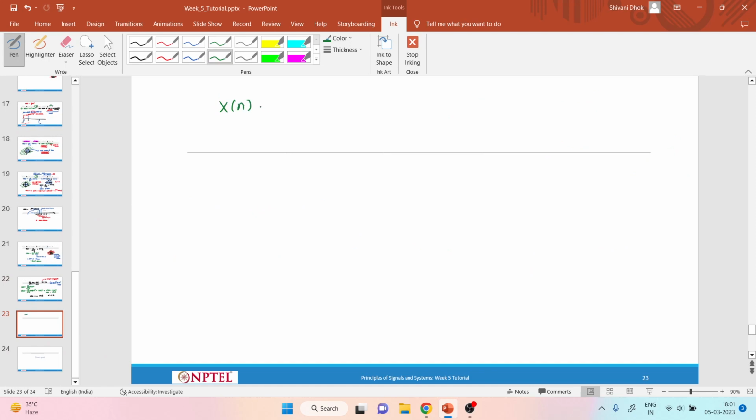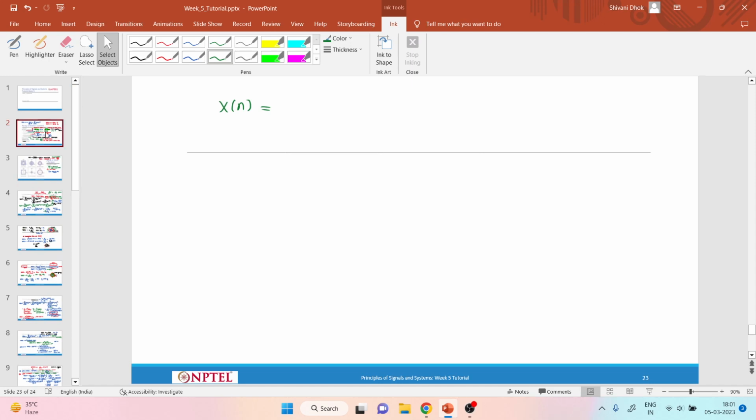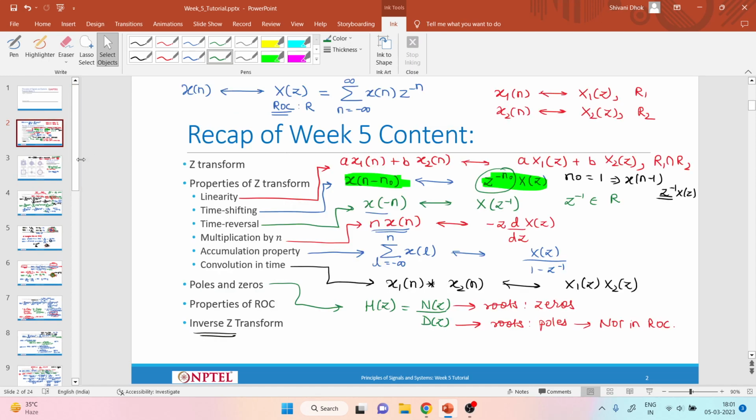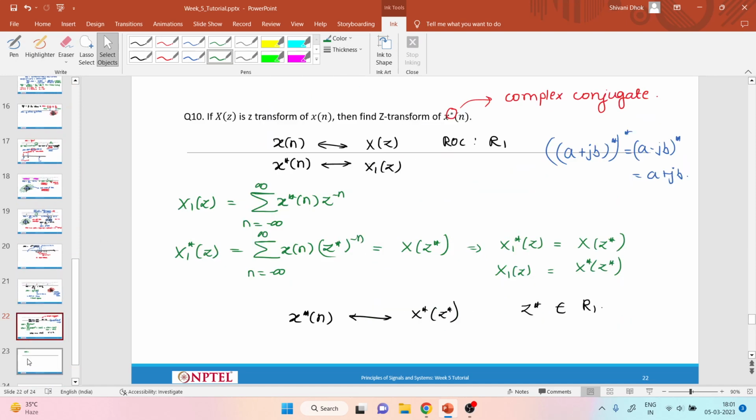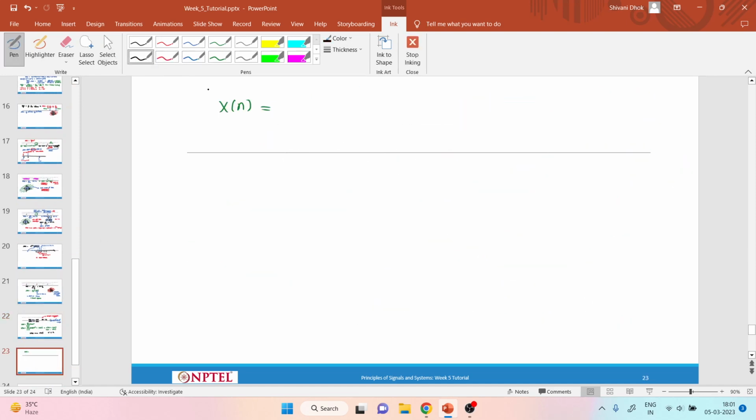So what you are saying is X of z is equal to summation n running from minus infinity to infinity x of n z to the power minus n, and you want X of minus z.